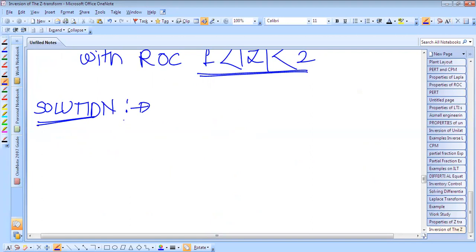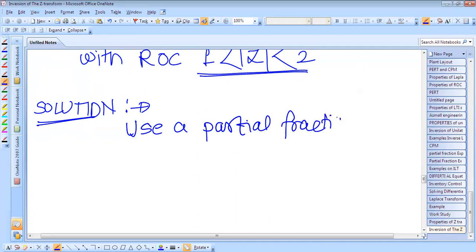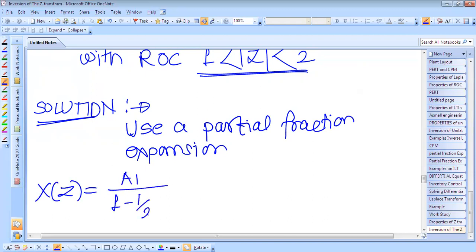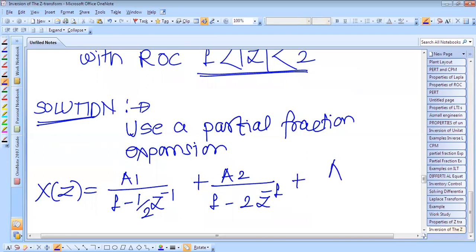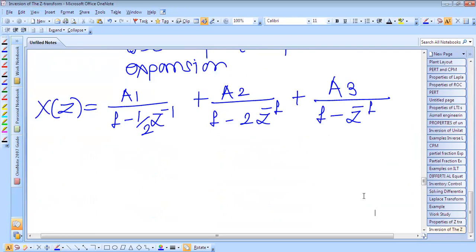Okay, so we have to find the inverse z transform. By using partial fraction expansion, we can write X(z) equal to A1 over (1 - (1/2) z^-1) plus A2 over (1 - 2 z^-1) plus A3 over (1 - z^-1).